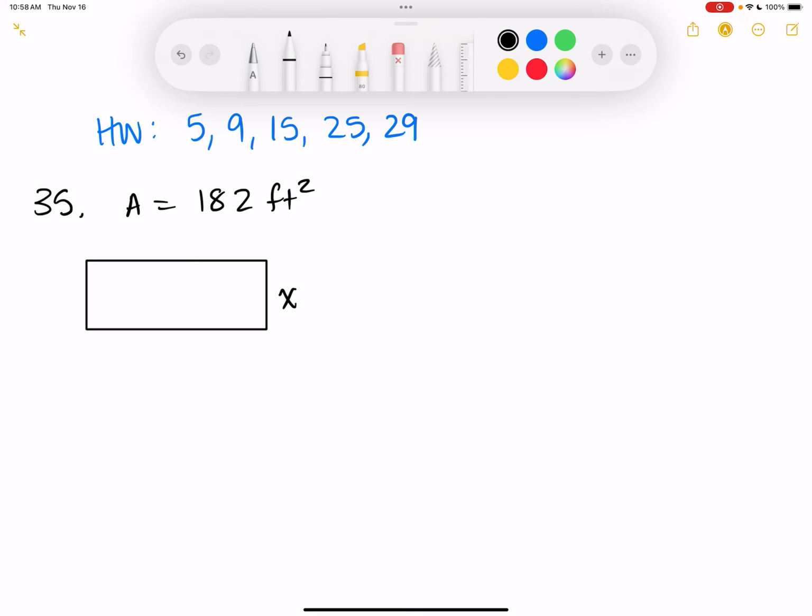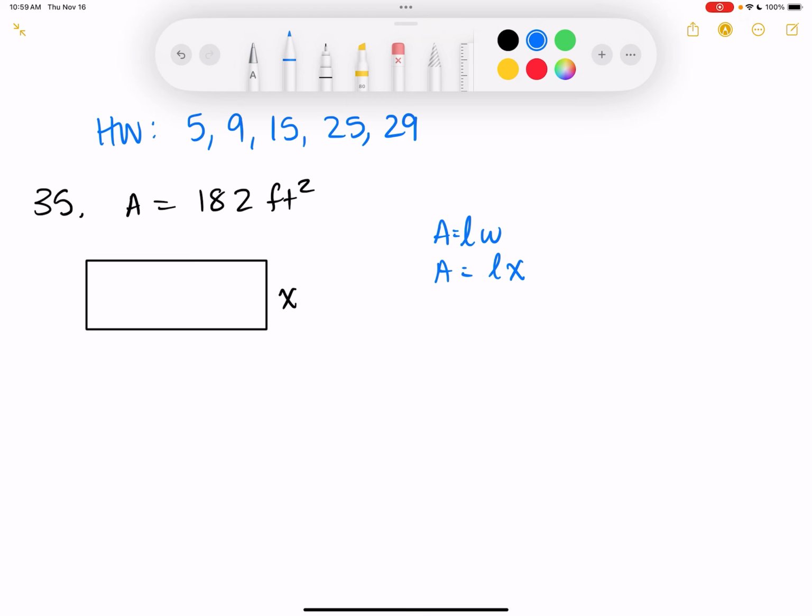What generically is the area of a rectangle? Length times width. So in general, area equals length times width. In this case though, width is x. So area is equal to Lx. So now I need to know what my length is.